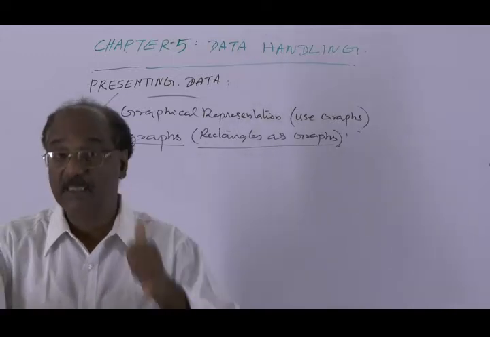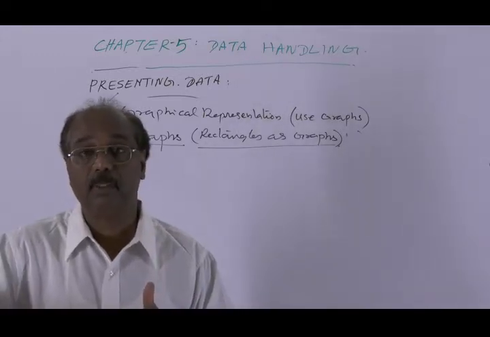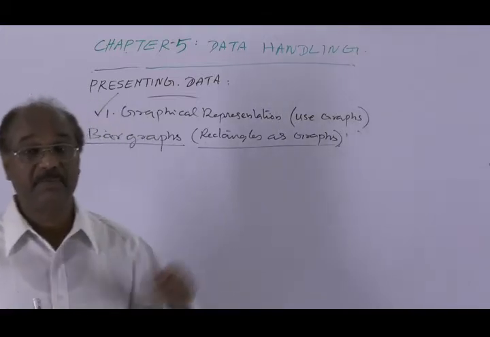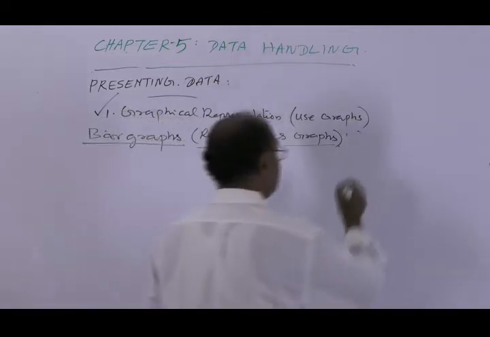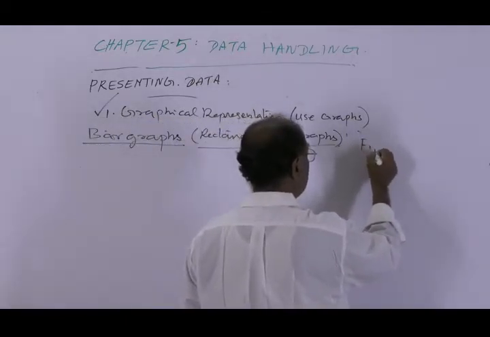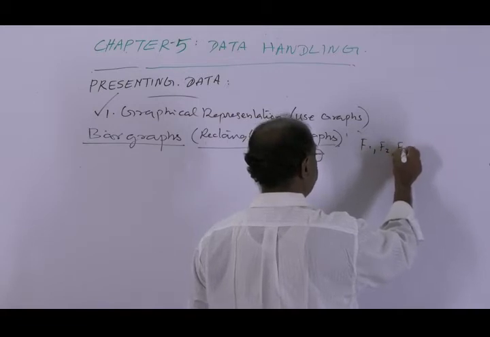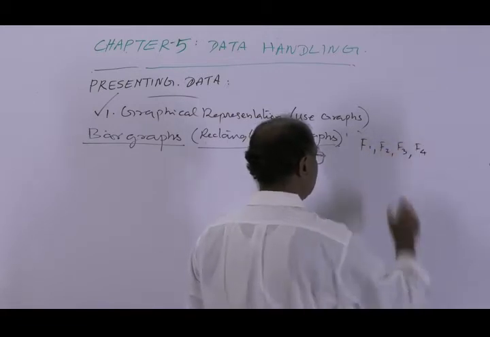So we can explain this with an example. Consider, as in the previous case, the annual income of certain families. Suppose we have 4 families, F1, F2, F3 and F4.